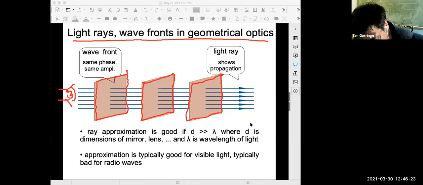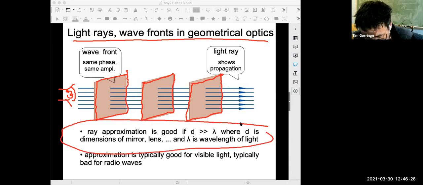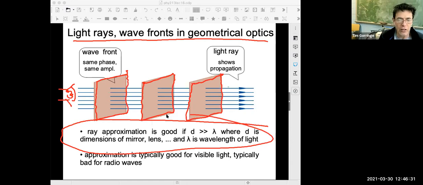Okay, so it turns out that this ray approximation is sometimes good, you can apply ray optics, and sometimes not good, you can't apply ray optics. And the condition for it being good or not amounts to the comparison of the scale of your mirrors or lenses or optical equipment compared to the scale of the wavelength of the light or electromagnetic wave.